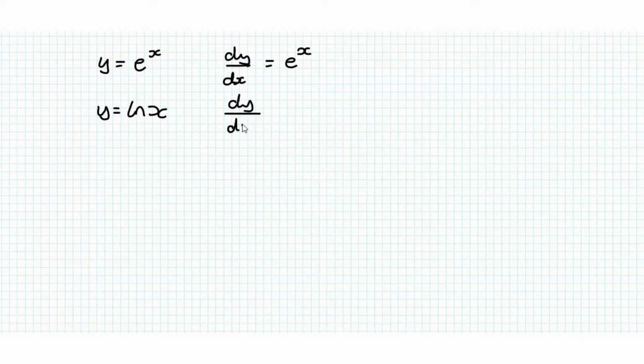Just quickly we're going to go through some common results and also see the dy by dx notation. So if y is equal to e to the x, then dy by dx is also equal to e to the x, which is very useful. And now the inverse of e to the x, y equals ln x, and this differentiates to 1 over x.